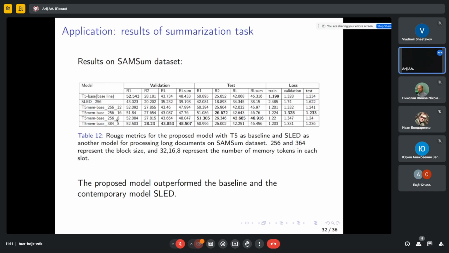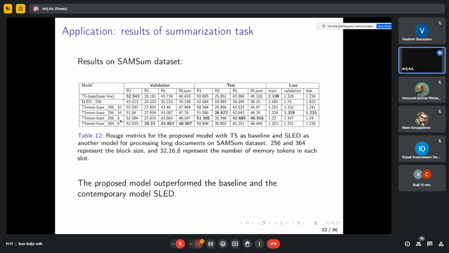As we can note from this table, varying the memory slot size didn't result in a clear tendency of results improvement.